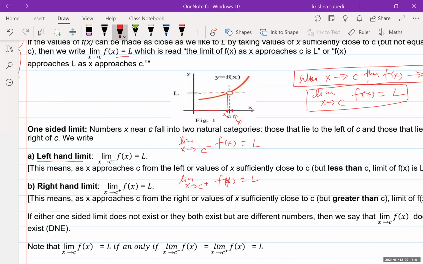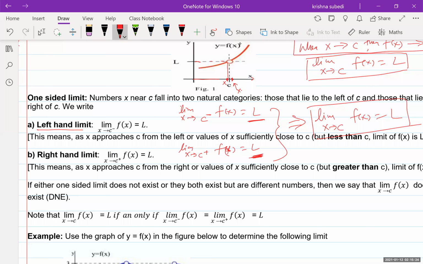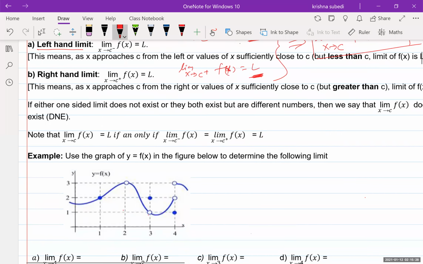And what we said in our last class is that if these two values are equal, then we say the limit exists and the limit is L. So in order for the limit to exist, the left-hand limit and right-hand limit must be equal. If they are not equal, we say that the limit does not exist. That's what we discussed in our last class.